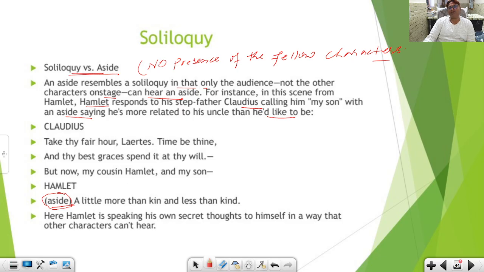And whatever he is uttering is listened to only by the audience, not by his fellow characters: a little more than kin or less than kind. So that is the speech. Hamlet is speaking his own secret thoughts to himself in a way that other characters can't hear.